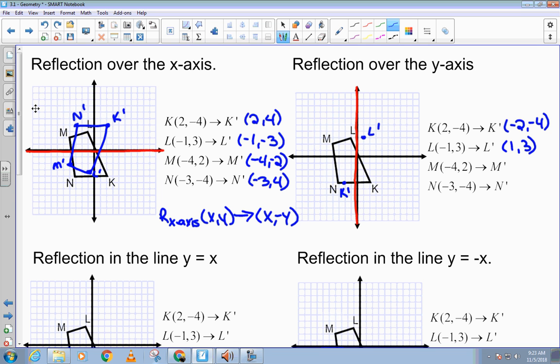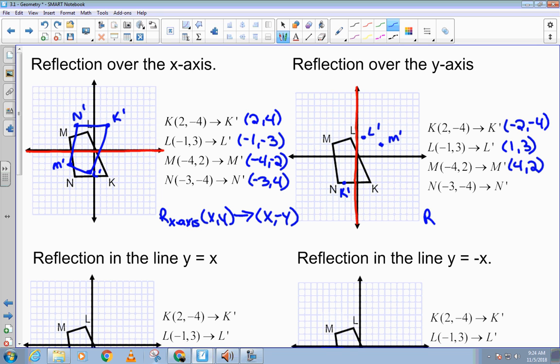N is 1, 2, 3, 4 to the left. So you go 1, 2, 3, 4 to the right. And that puts us at 4, 2. What's happening here? The x changes signs, right? If you're reflecting over the y-axis, the y stays the same and the x changes signs.